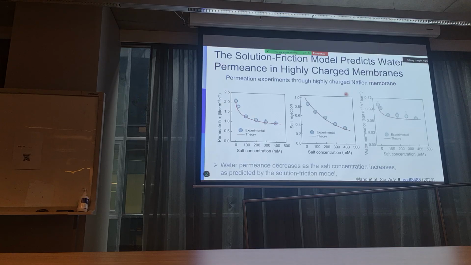So we showed that even for ion exchange membranes, we can use the solution-friction model to describe transport very well. Indeed, the solution-friction model is a more refined version of the old paper by Kedem and Katchalsky in 1957, I think. It's just a viscous pore flow model, and it can fit reverse osmosis very well.